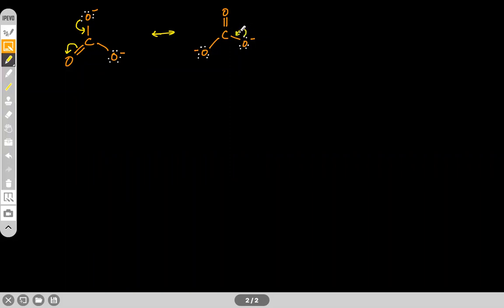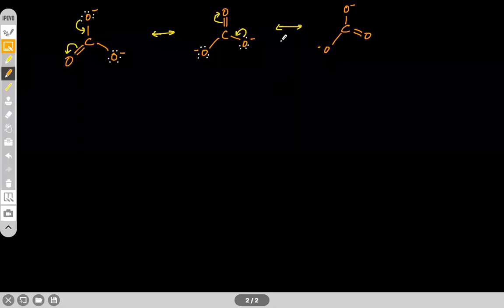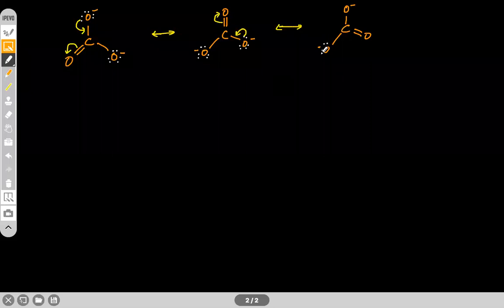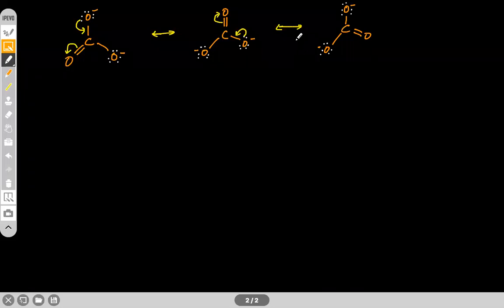This can also come over here, and this goes onto this oxygen. So the resonating structure we get is C single bond O minus, double bond O, and single bond O negative, and each of these oxygens has 3 lone pairs on it. Like this. So these are the resonating structures.